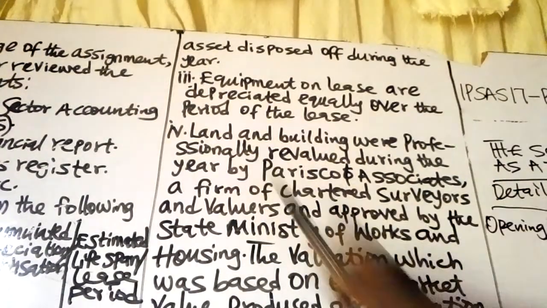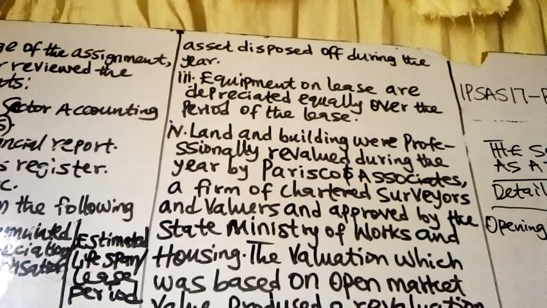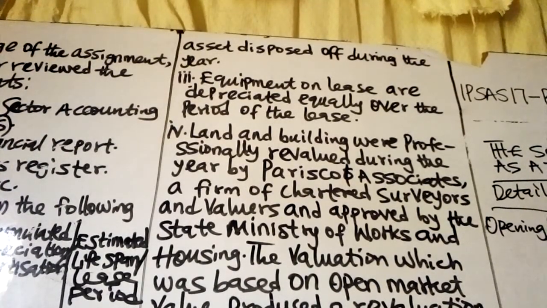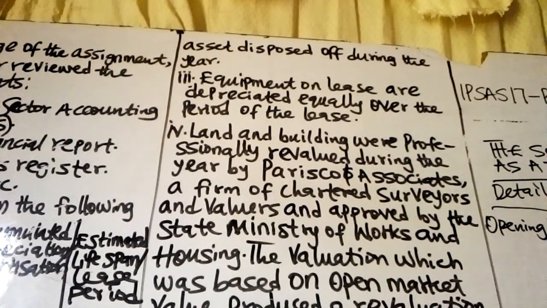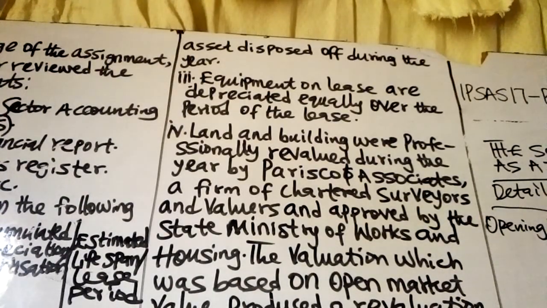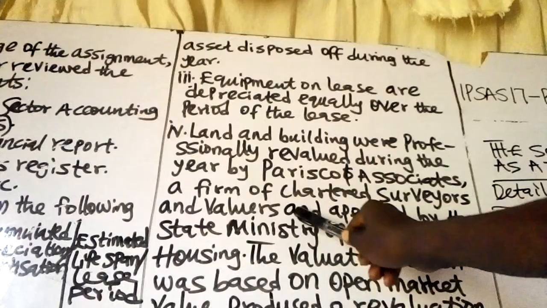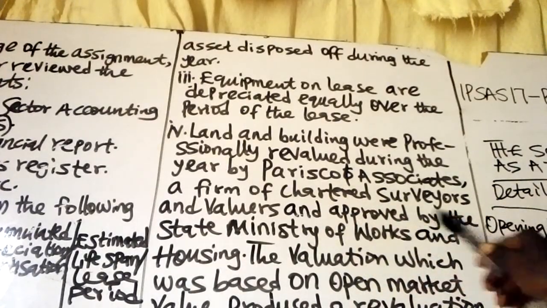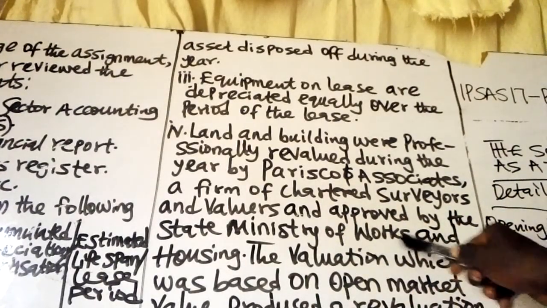Note 4. Land and building were professionally revalued during the year by Parisco and Associates, a firm of chartered surveyors and valuers, and approved by State Ministry of Works and Housing.